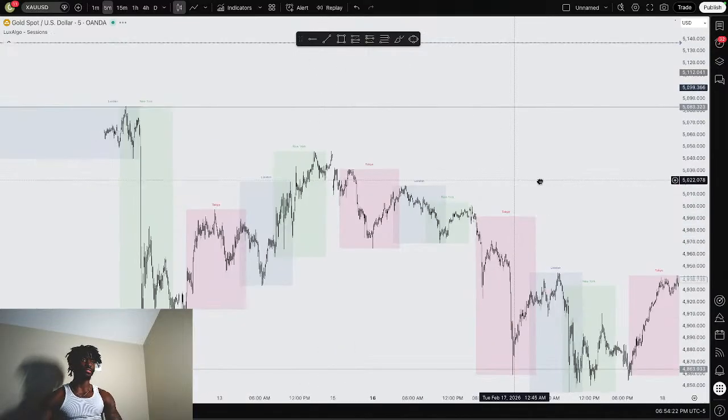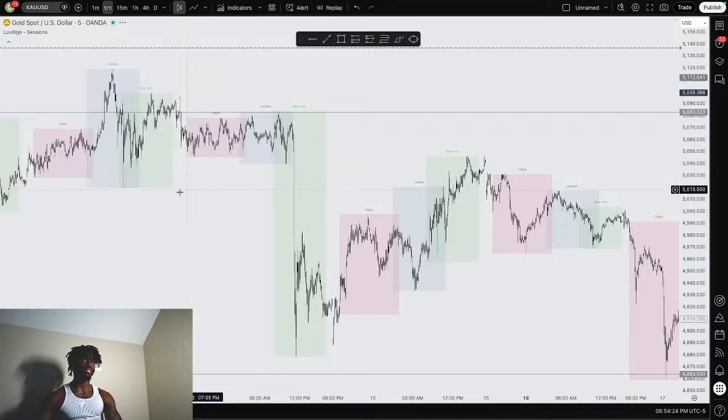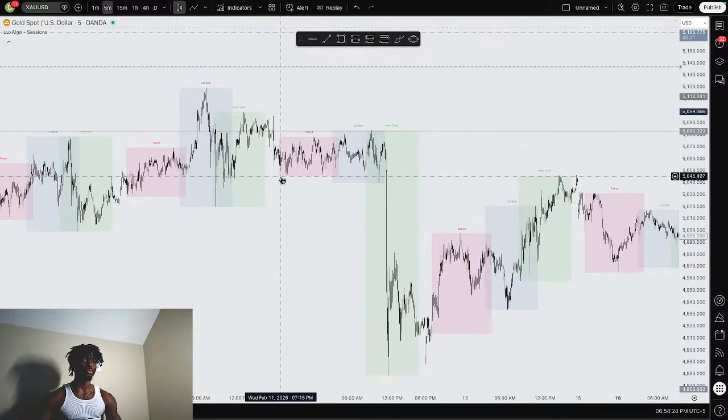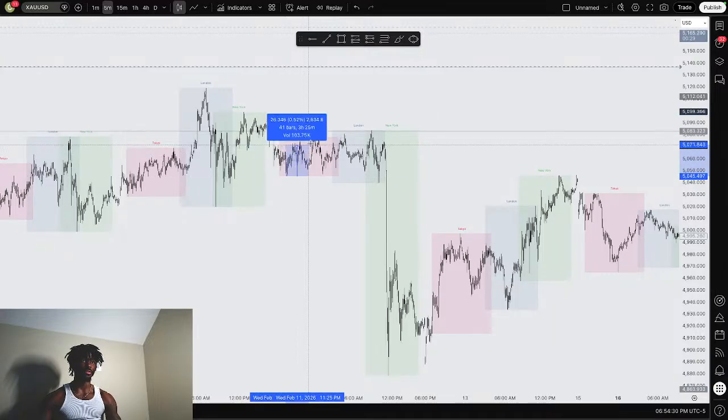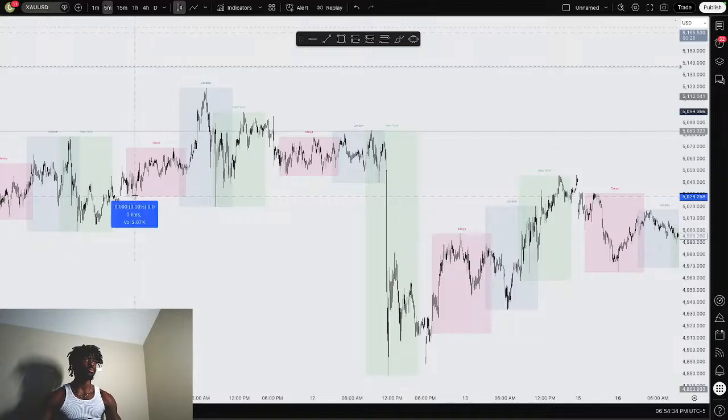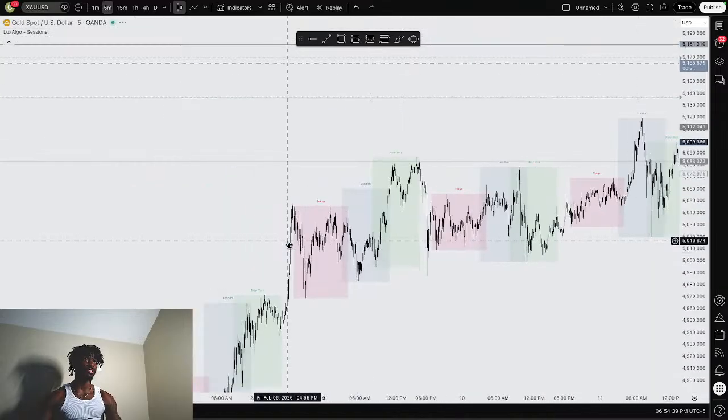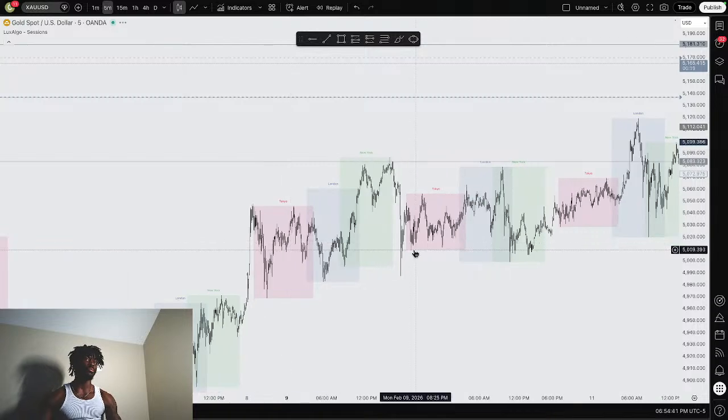It's rare that you catch an Asian, London, or New York session where gold doesn't move 200 plus pips. Even within this area right here, from the low to the high, this is still 300 pips. Gold within a week's time frame, every single session, on average, moves 300 pips. This is 450 pips.